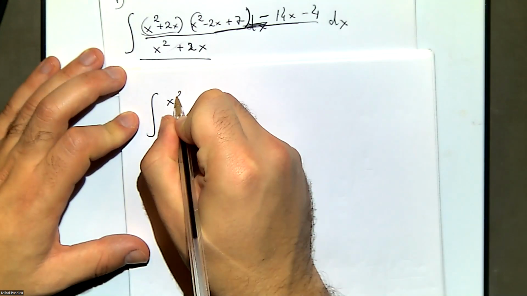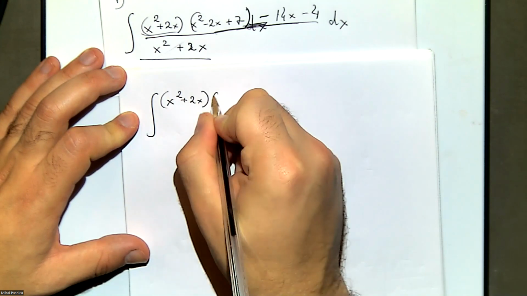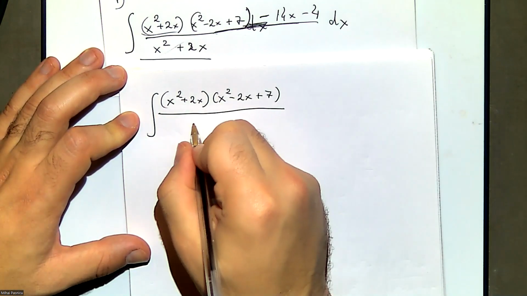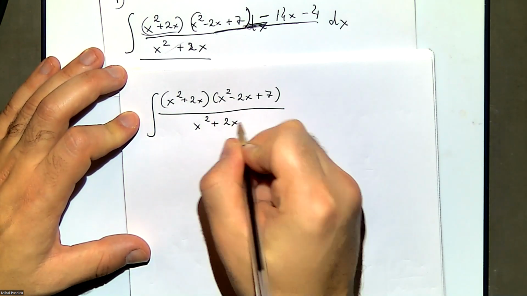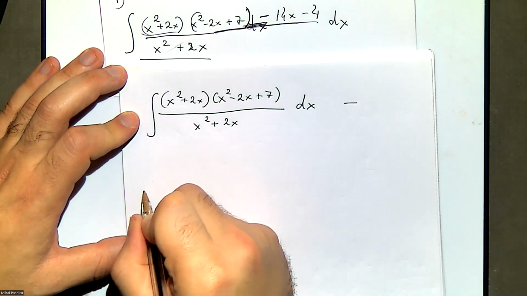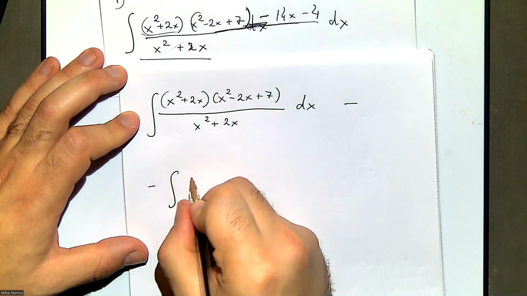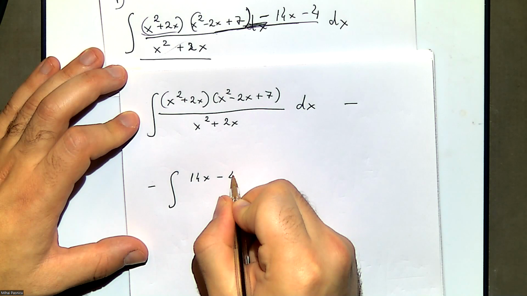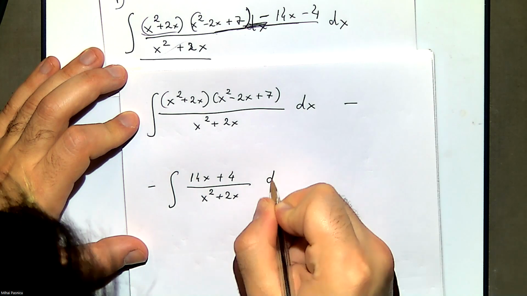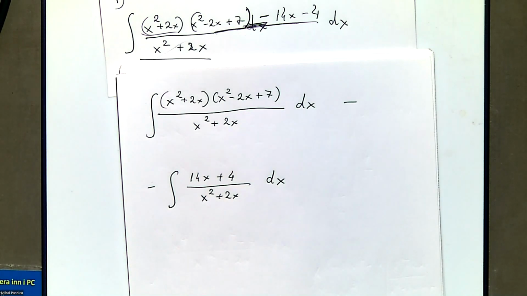So I'm just writing it as the integral of x squared plus 2x times x squared minus 2x plus 7 over x squared plus 2x dx, minus the integral of 14x plus 4 over x squared plus 2x dx. Okay.